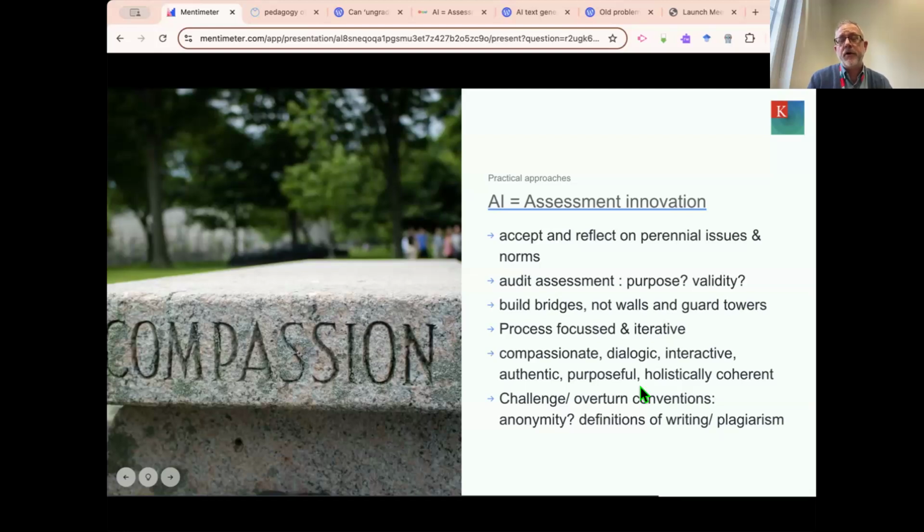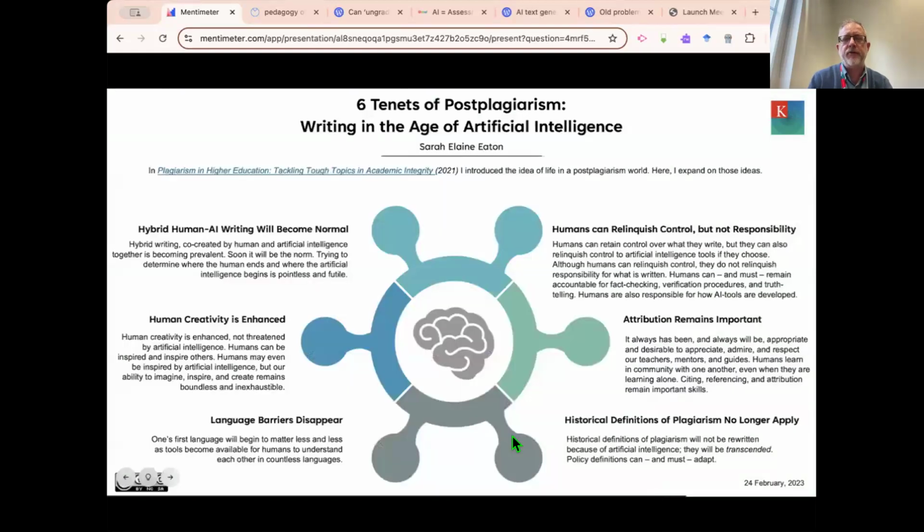And challenging conventions. There's a piece coming up from a former colleague of mine in Liberating Learning journal that I'm co-editing, a special issue due for release at the end of the next month. One of the articles is on our over-reliance and dependence on anonymity, because where you might gain, you're also losing various things.